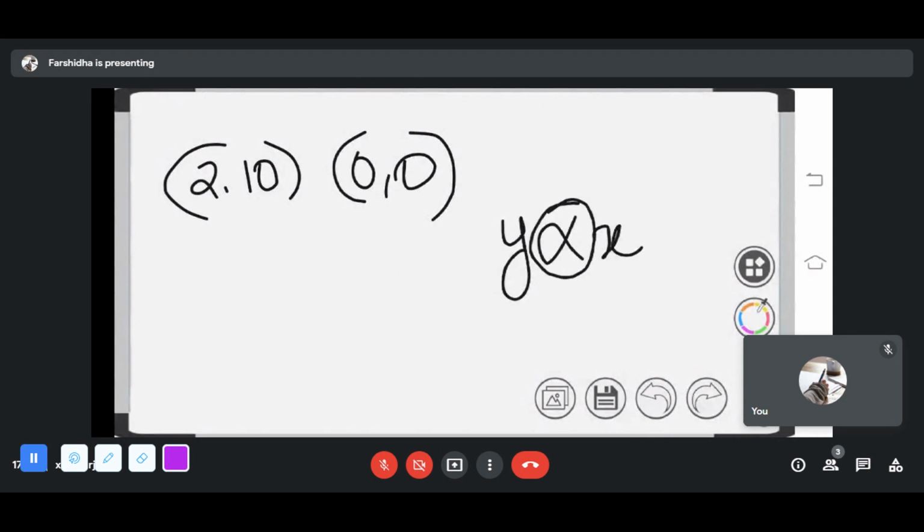Now I cancel the proportionality sign and put an equal to sign, so I need to add some constant term. So I have added 5 as the constant term, and 5 into x, that's all. Now I am putting the value of x and finding the value of y. I got 2 points. That's it. Now plot it in the graph.